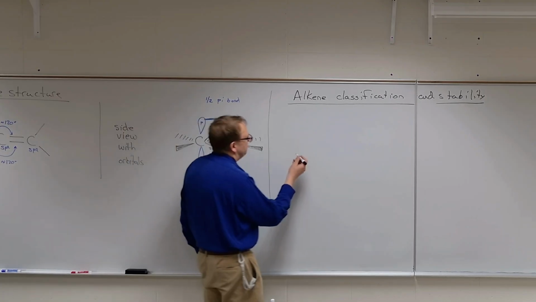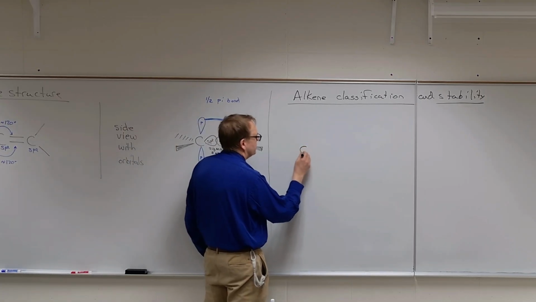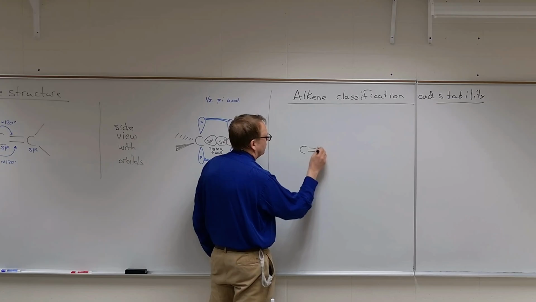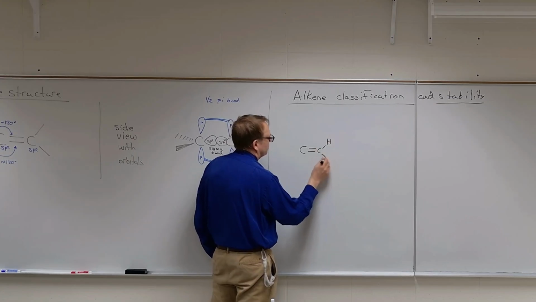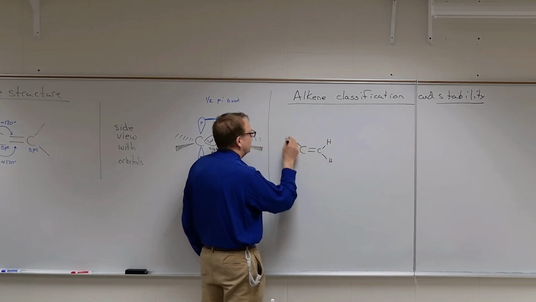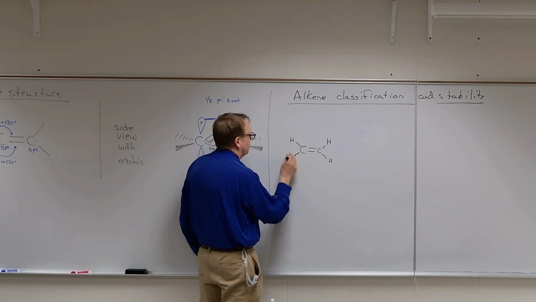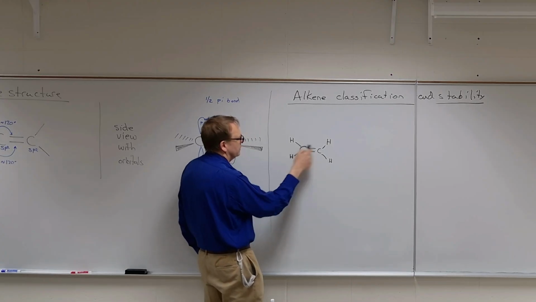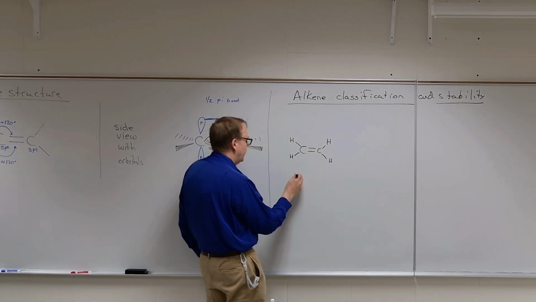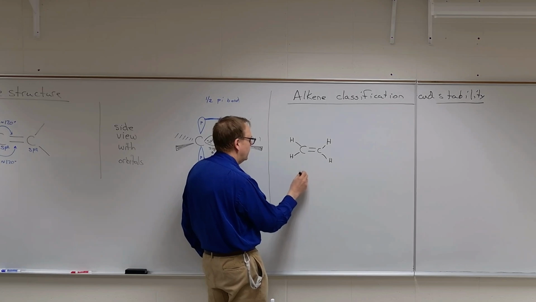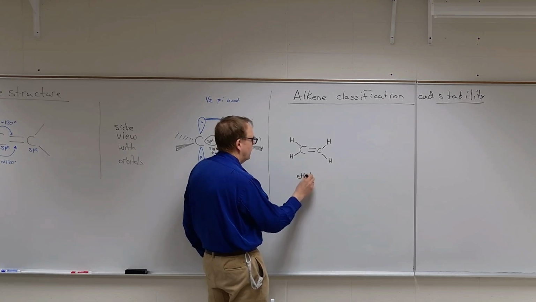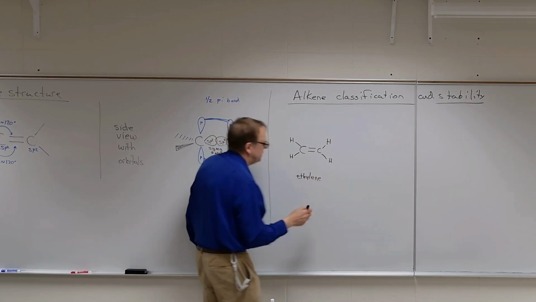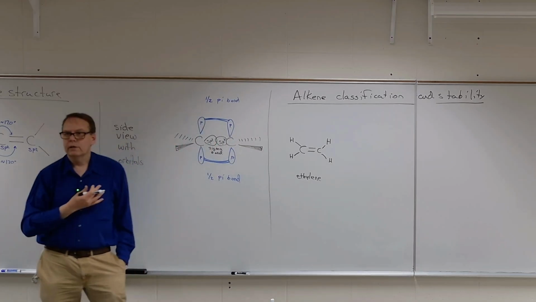So the first alkene that I'll show you is just, I guess, the simplest one. That's ethylene. This is a molecule that has no carbon groups attached to the carbons of the double bond. And there's only one way to make a molecule like this.